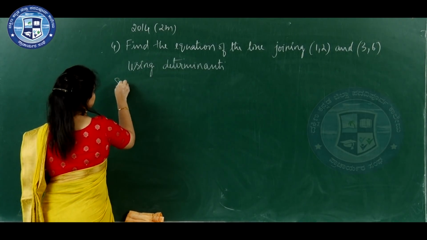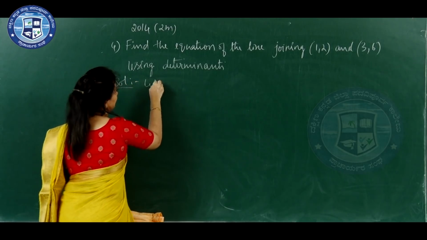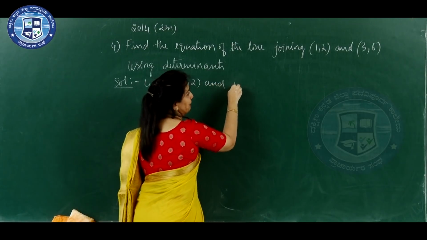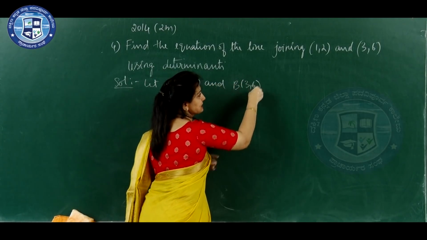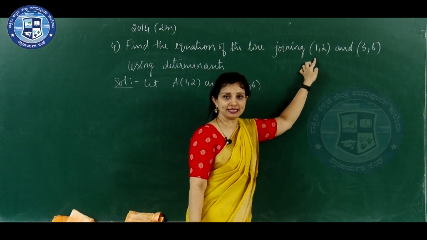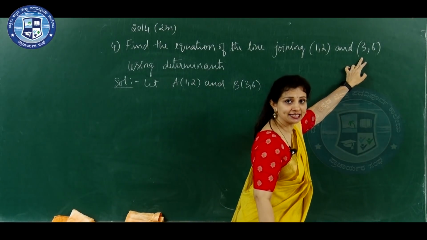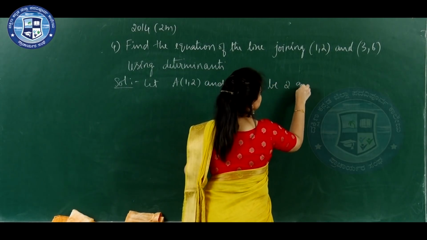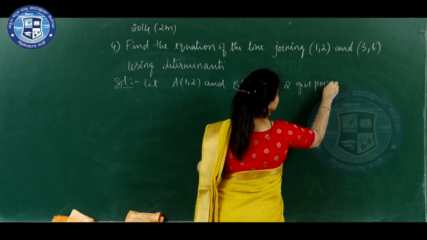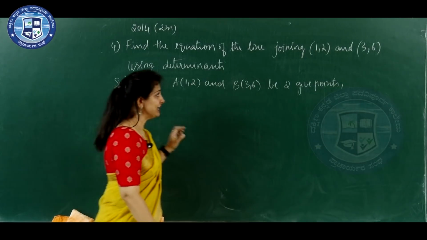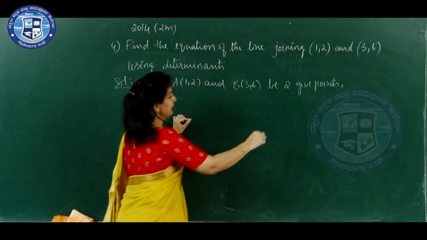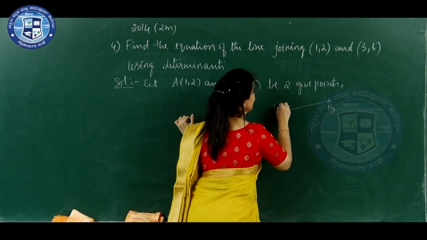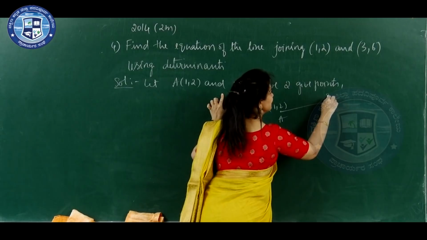So, solution: let us consider A(1, 2) and B(3, 6). The first point is A, the second point we have taken as B, the 2 given points, and we assume one more point on the line. A and B are the 2 points, here (1, 2) and this is (3, 6).